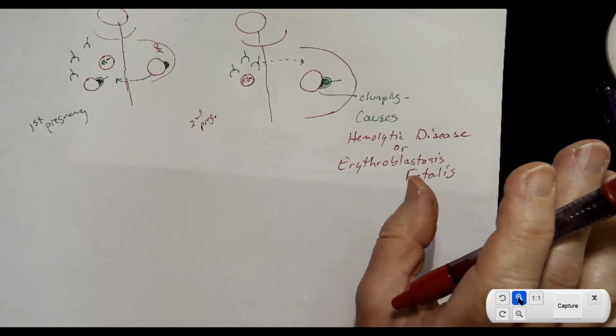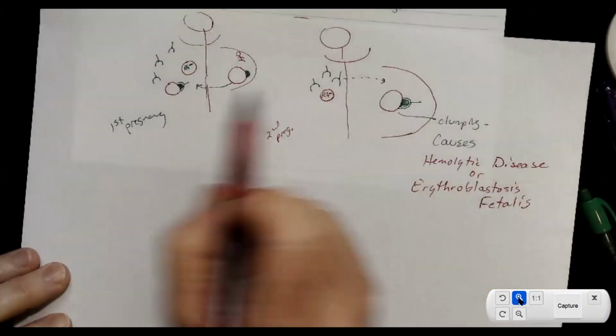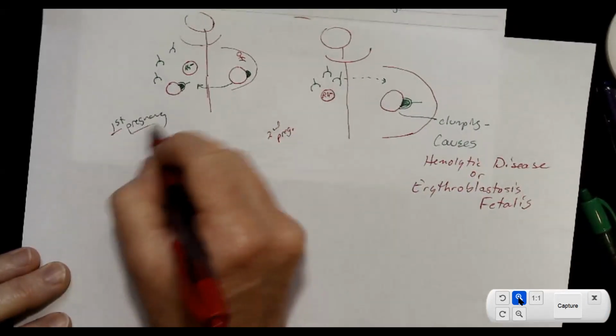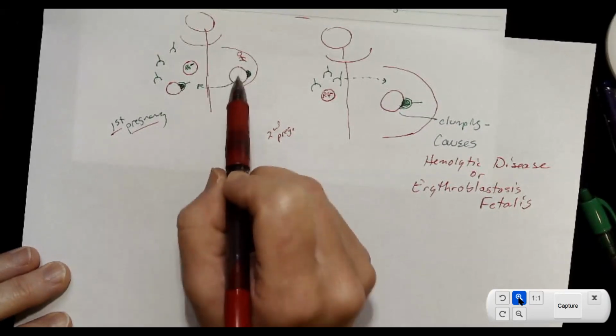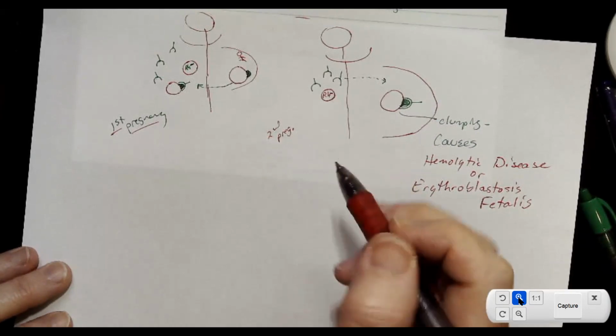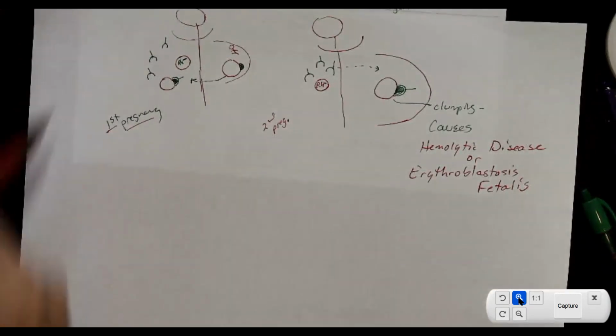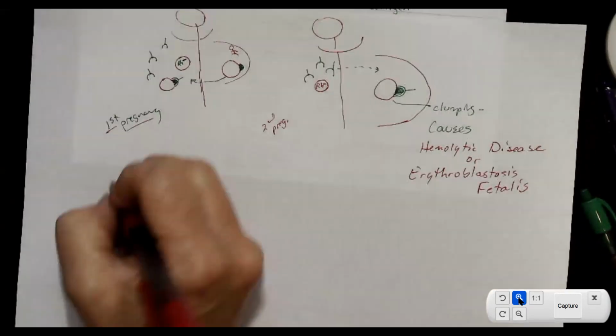To prevent this, in the very first pregnancy, they're going to determine the blood type of the fetus, and they're going to give what is called a RhoGAM.